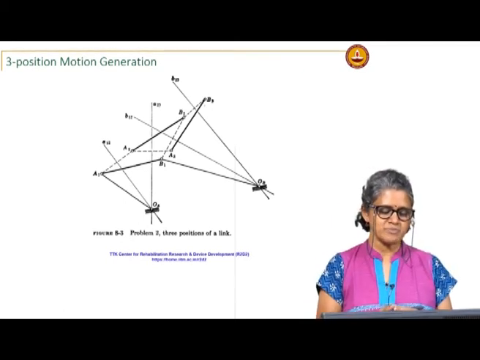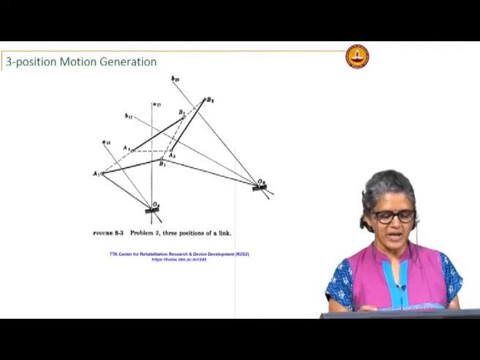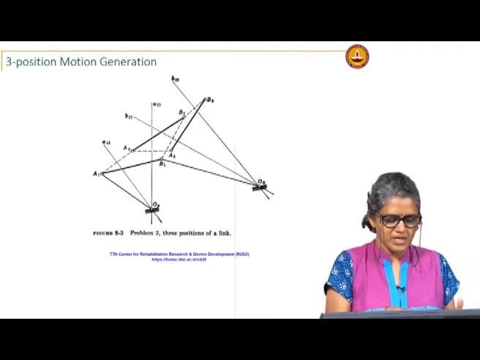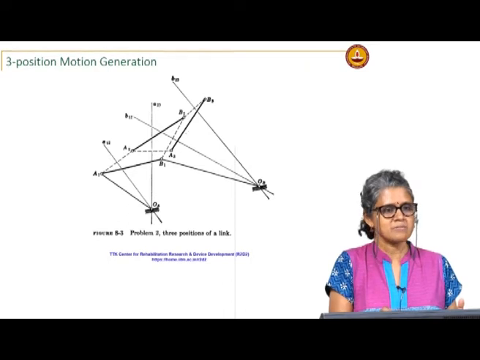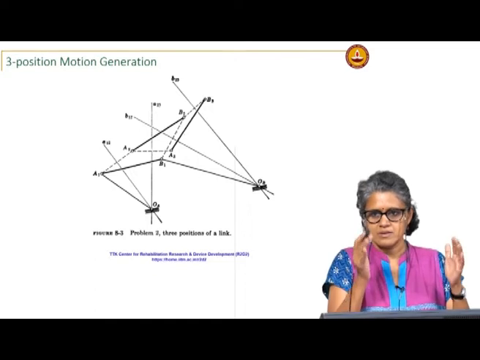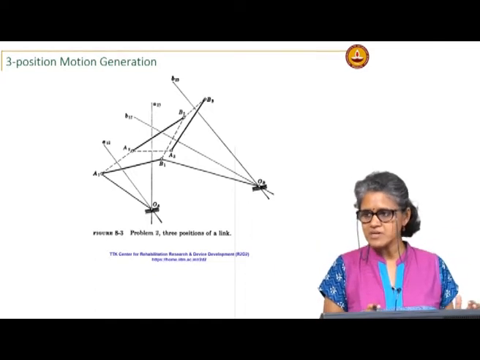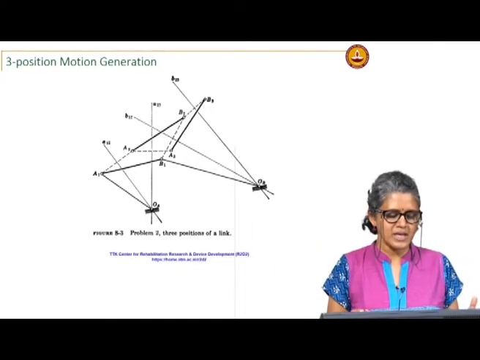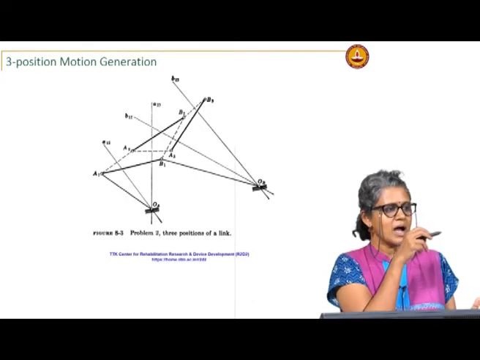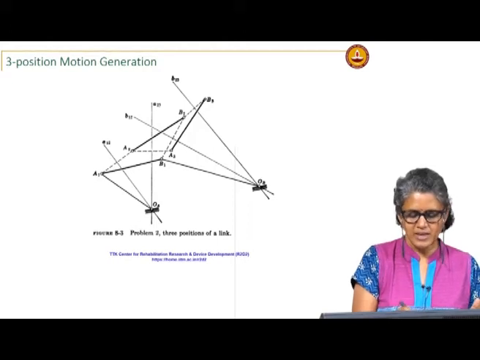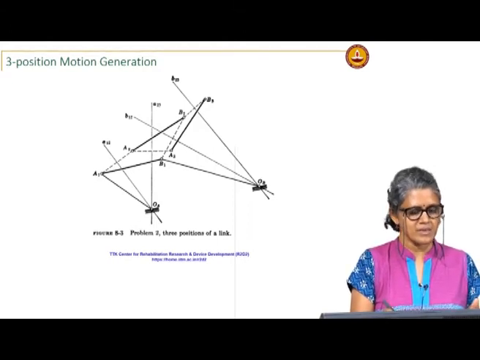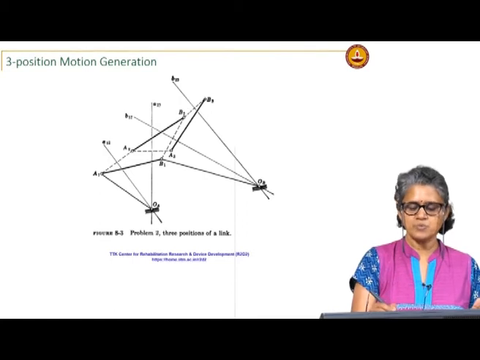Now, we come to 3 position, where again we use the fact that if I want to move the coupler from A1 B1 to A2 B2 to A3 B3, that is my motion generation. Position and orientation of the coupler in the plane changes. Then essentially I am looking at finding a circle that passes through A1 A2 A3 and another circle that passes through B1 B2 B3.